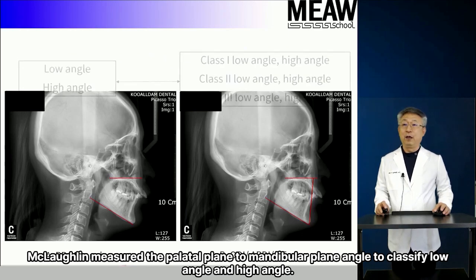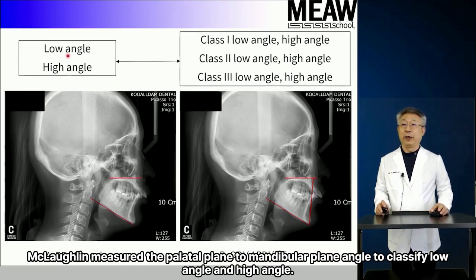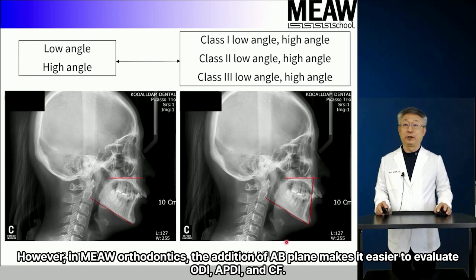McLaughlin measured the palatal plane to mandibular plane angle to classify low angle and high angle. However, in MEAW orthodontics, the addition of AB plane makes it easier to evaluate ODI, APDI, and CF.